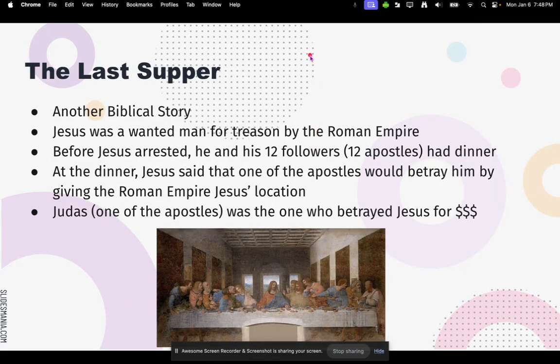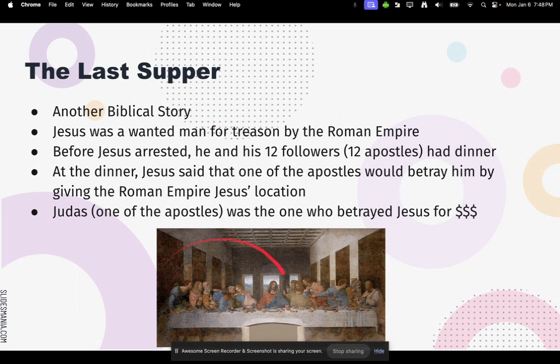Here's another very important theme in Renaissance art, and that is the Last Supper. This is also another biblical story. Jesus was a wanted man for treason by the Roman Empire. Before Jesus was arrested, he and his 12 followers, or 12 apostles, had dinner. At that dinner, Jesus said that one of the apostles would betray him by giving the Roman Empire Jesus's location.